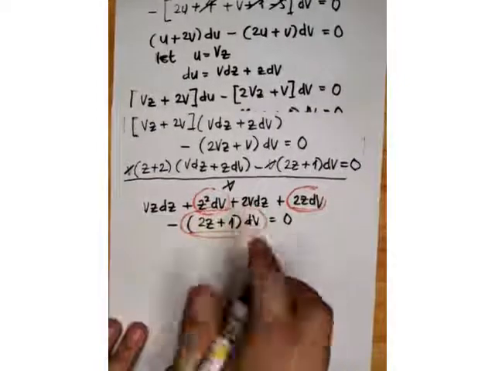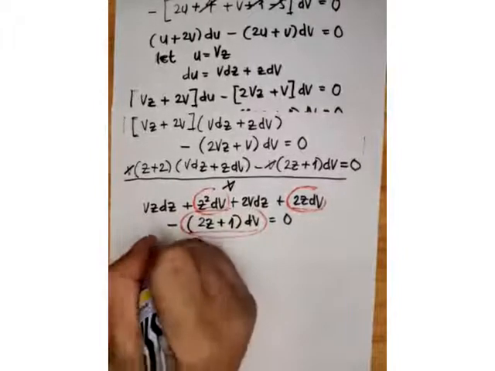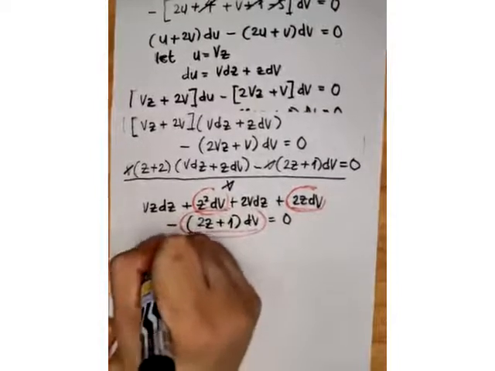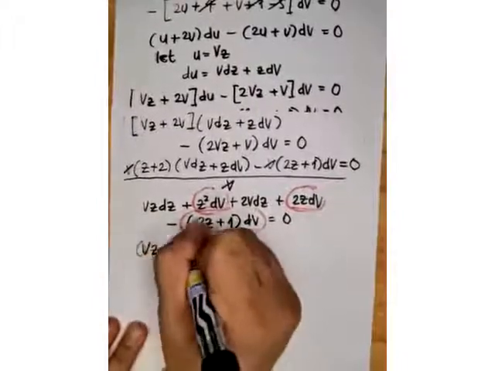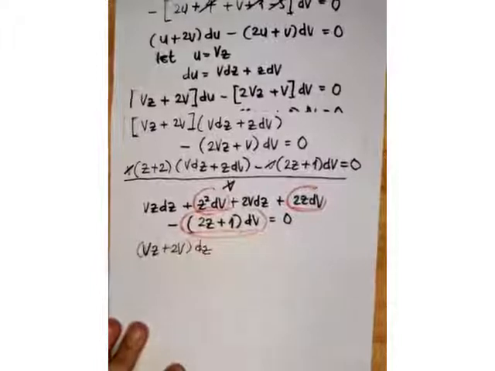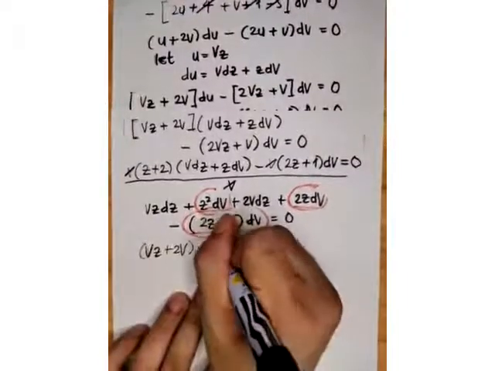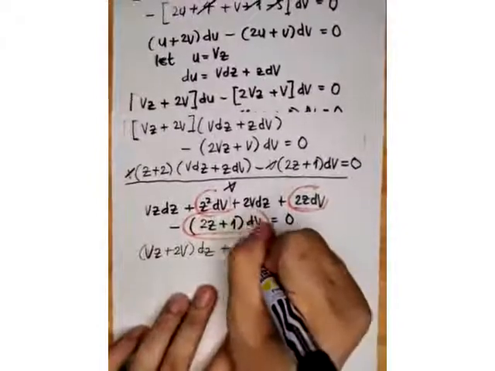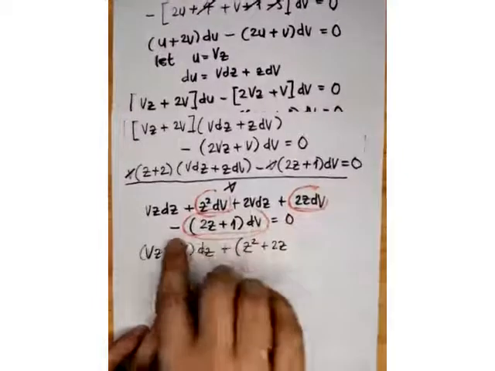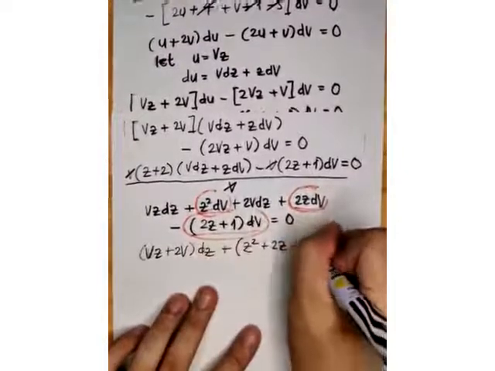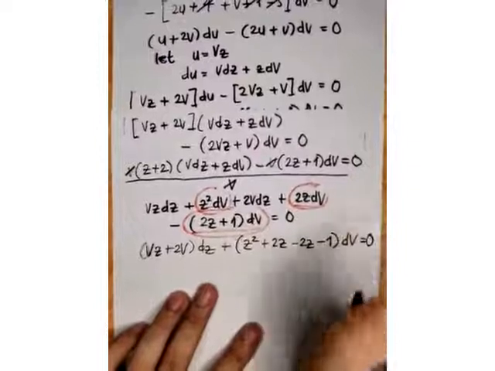Okay, so pagsamahin lang natin ito. So i-factor out natin yung dz. So we'll have vz plus 2v times dz. Okay, and then plus quantity, yung z squared plus 2z, and then minus 2z minus 1 dv is equal to 0.